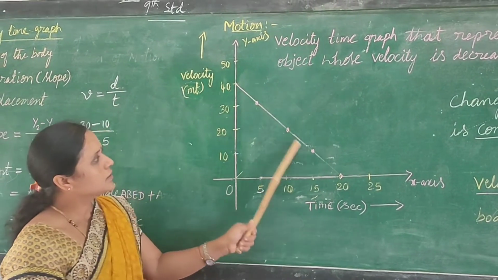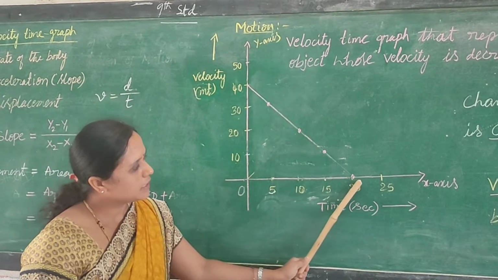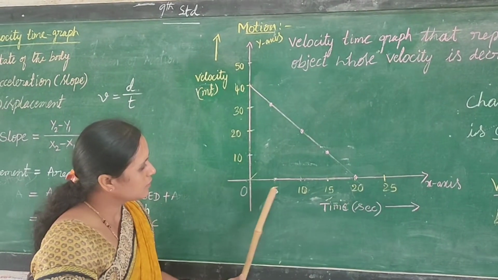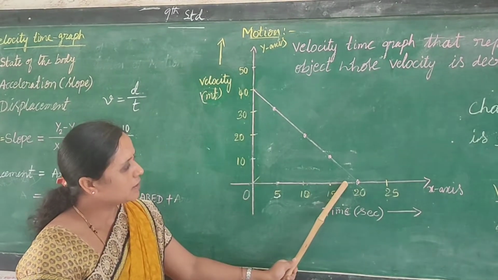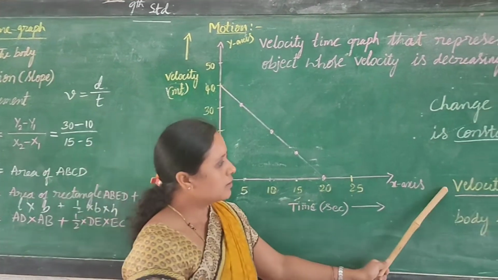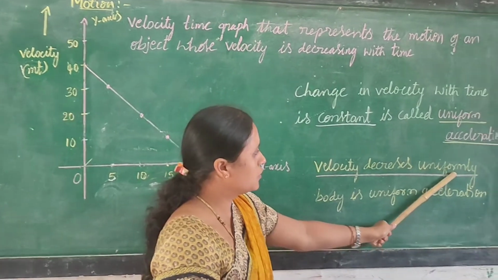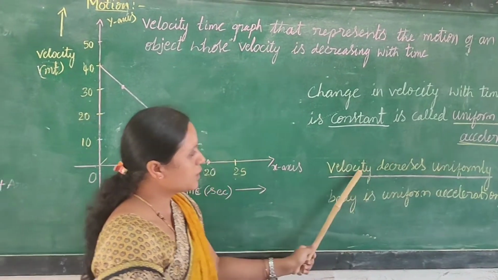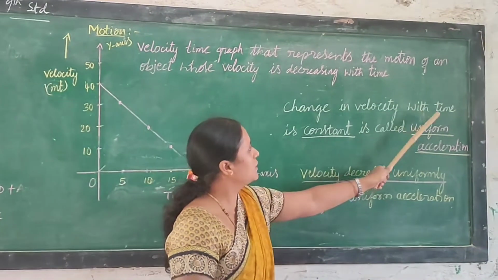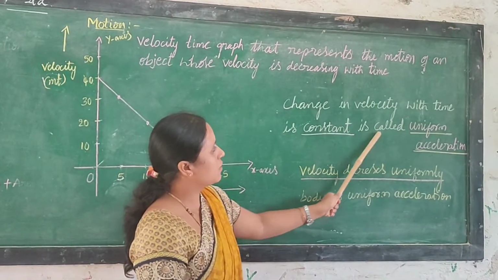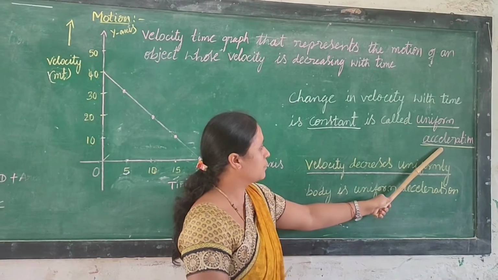Here the speed of a body decreases at regular time intervals. So here the velocity decreases uniformly. What is meant by velocity decreases? Here the change in velocity with time is constant, which is called uniform acceleration.